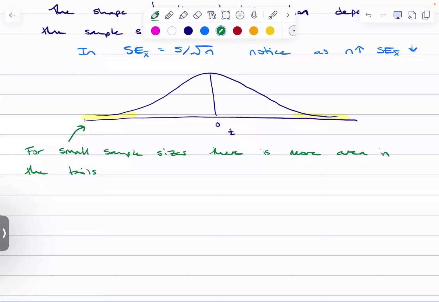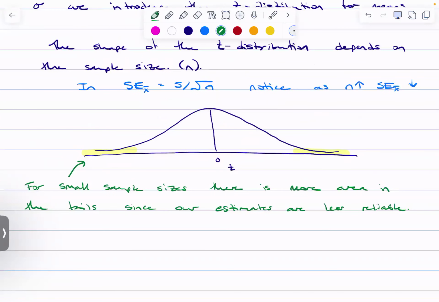Right, since our estimates are less reliable. But then as we increase our sample size, these tails are going to press down, and they still go to negative infinity and positive infinity in theory, but they become the normal distribution.